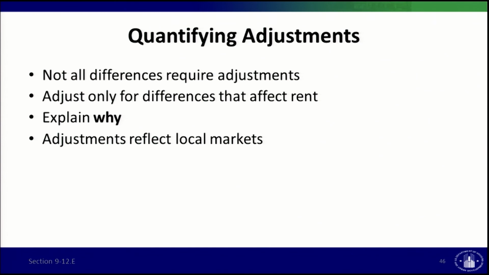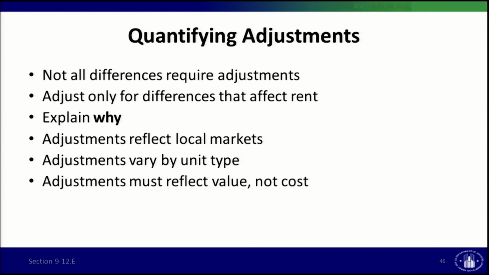For example, a swimming pool in Georgia might be valued differently than a swimming pool in North Dakota. Adjustments may vary by unit type. The example cited in the guide describes a situation where a tenant might value a second bath in a 3-bedroom unit differently than a second bath in a 2-bedroom unit.